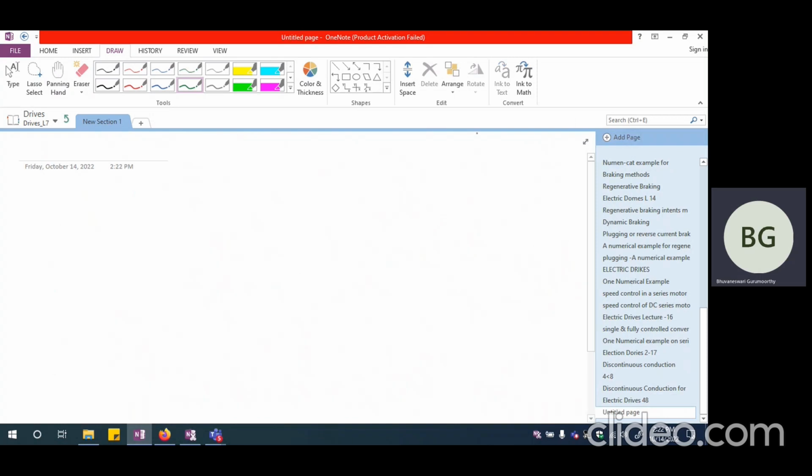So now let us try to take a look at regenerative braking. So whether we would be able to implement regenerative braking or not, let us try to see. So we already said that if we are going to have the DC motor drive here, and normally we are going to have the converter connected here.